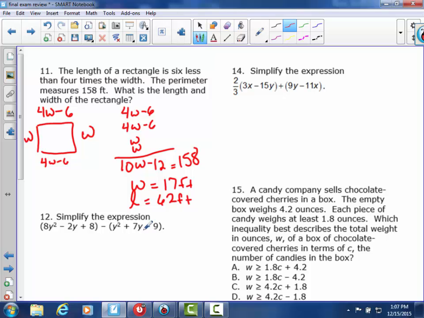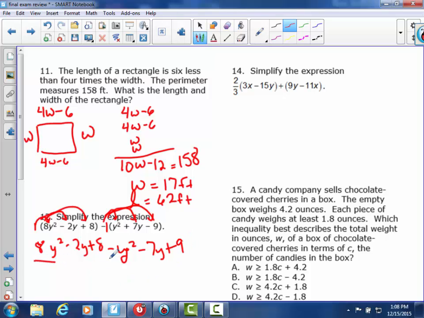You're distributing and combining like terms. We have an understood 1 in front of this parenthesis, an understood -1 here. So when we distribute 1 times everything, we just end up with 8y squared minus 2y plus 8. Here we distribute the -1 times everything, and we get -y squared minus 7y plus 9.